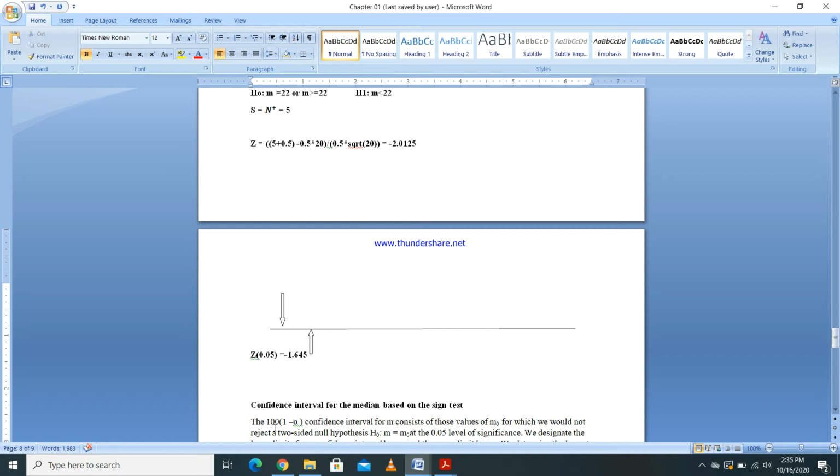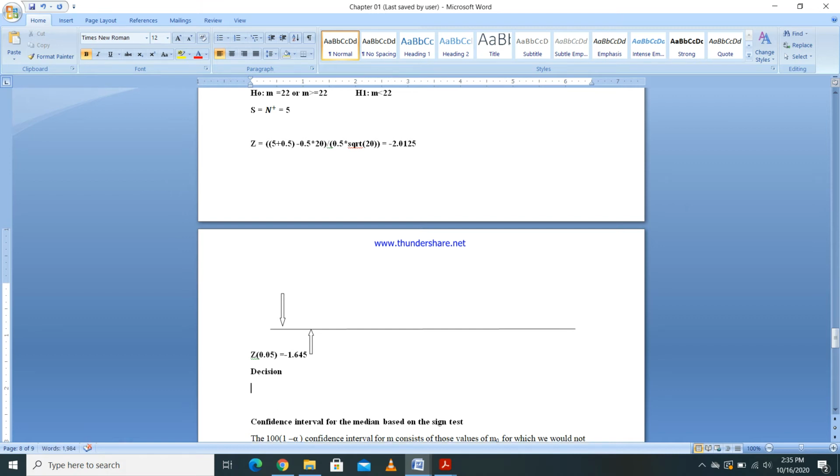So if you write the decision, the decision is we reject H naught at 0.05 level of significance, right?